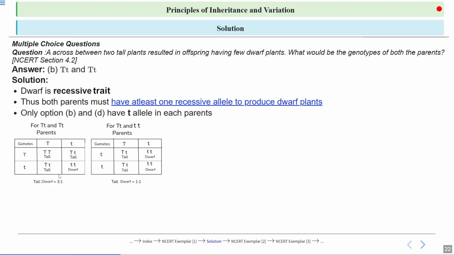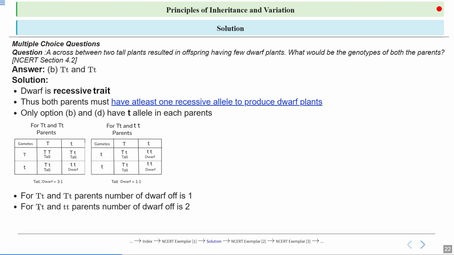Clear? So here you are getting only 1 dwarfed. Here you are getting 2 dwarfed. So for capital T small t and small t small t, the number of dwarfed offspring is 1, and for capital T small t parents, dwarf offspring is 2.